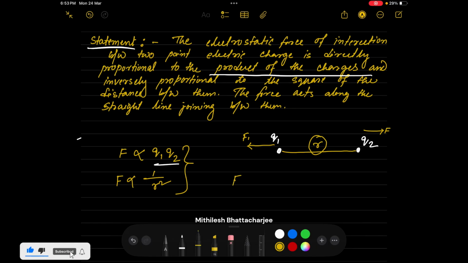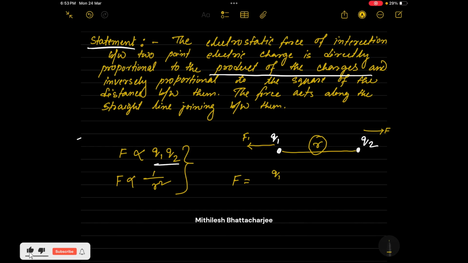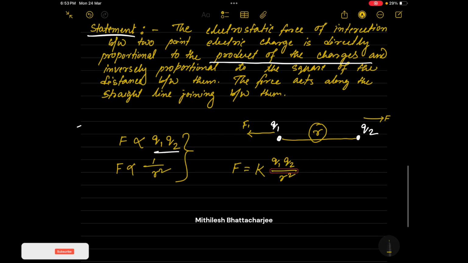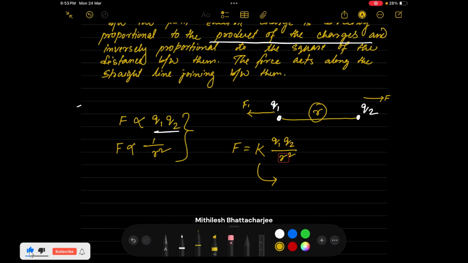If we remove the proportionality sign, then we can write Q1 Q2 by R square, but we have to put a constant K. Okay, so this constant value is 1 by 4 pi epsilon naught. Here epsilon naught is known as the permittivity.